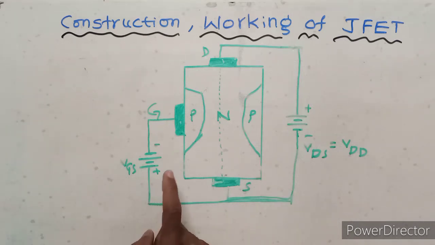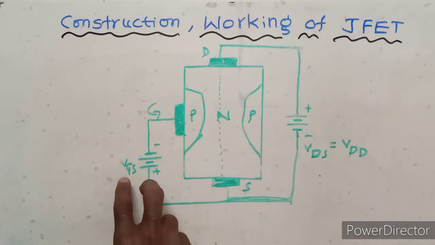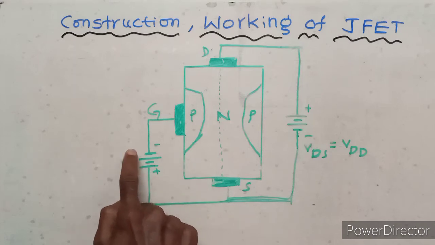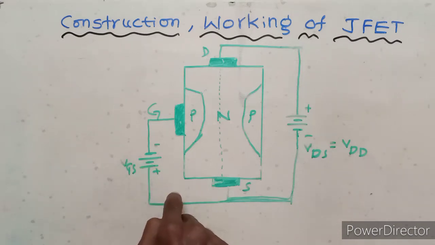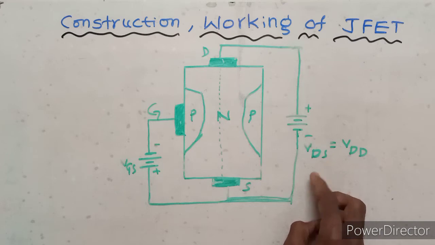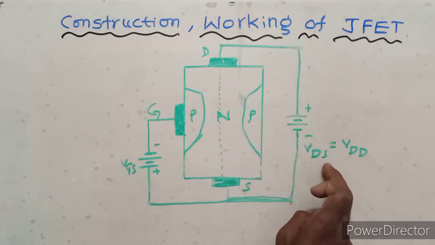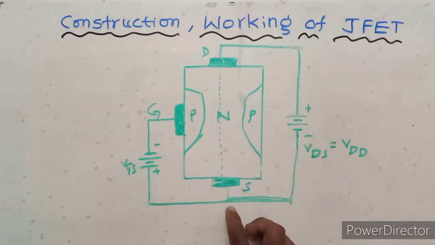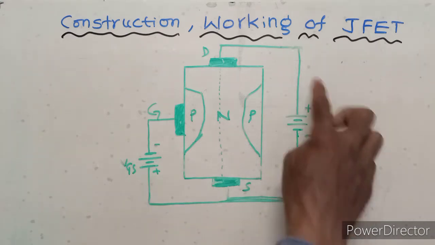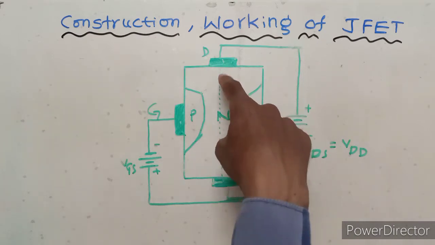The first one is the voltage between gate and source, and the other is the voltage between source and drain. The current travels from source to drain.